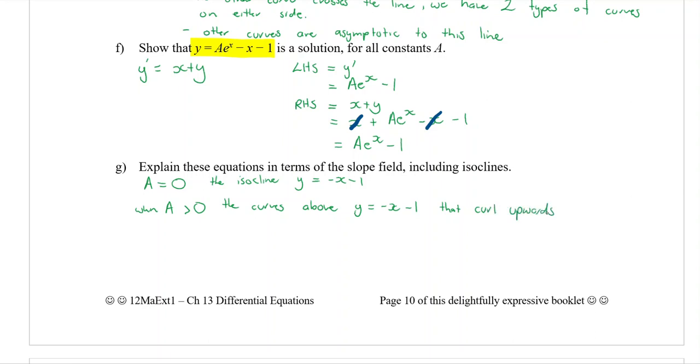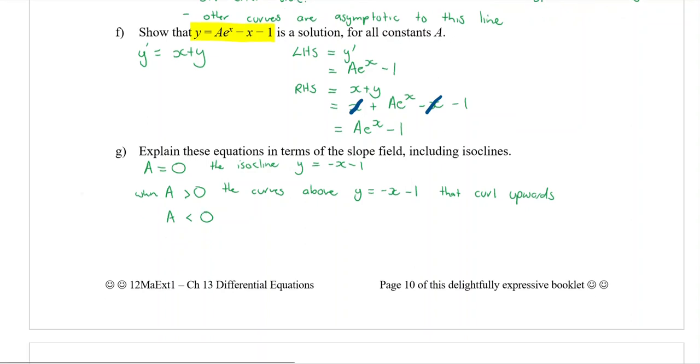And as you can probably guess, if we looked at when a was less than 0, you're then putting a negative in front of your exponential part. What do negative exponentials look like? They curve downwards. They go below the y-axis. Obviously not perfect exponentials because you've still got the minus x minus 1, but that leading term is having a very big impact.